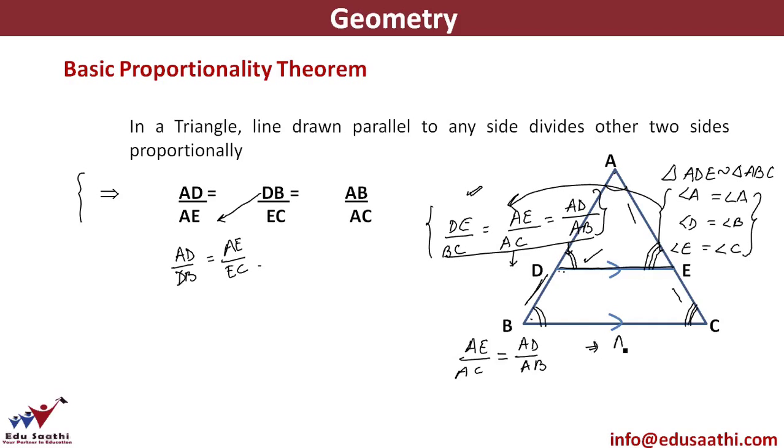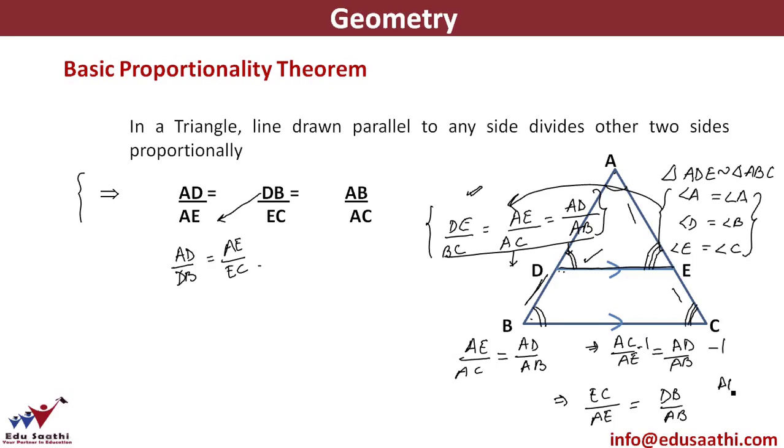So I will write AC over AE is equal to AB over AD. If the ratios are equal, I can subtract 1 from both the sides and still the ratios will come out to be the same. AC minus AE, I'll get EC over AE is equal to AB minus AD, I'll get DB over AD. Again, I can take the reverse of it.